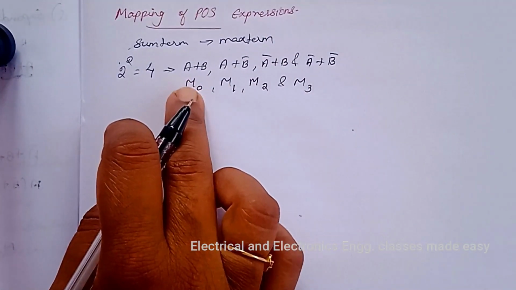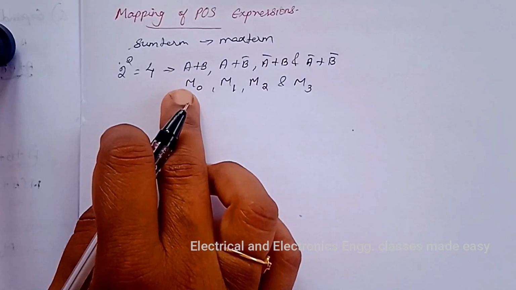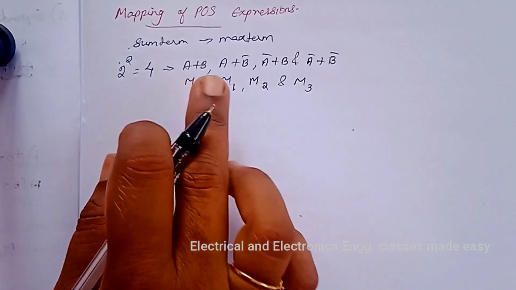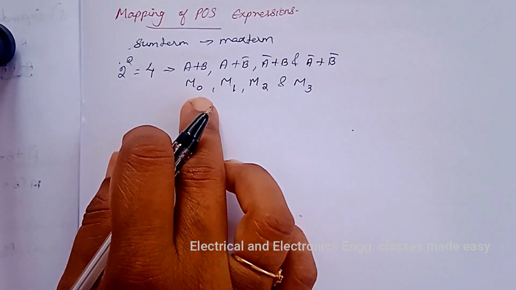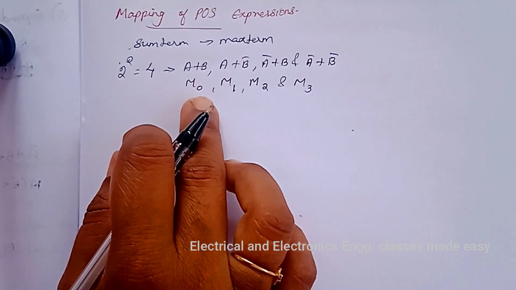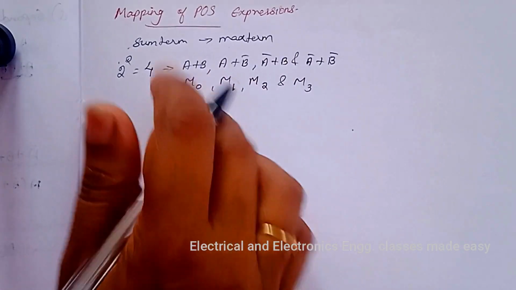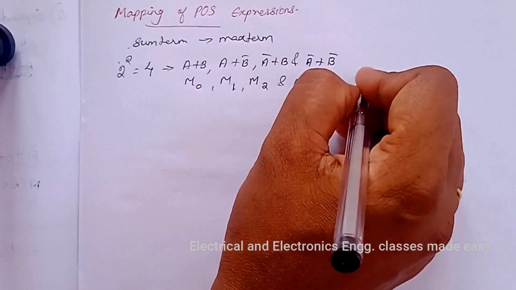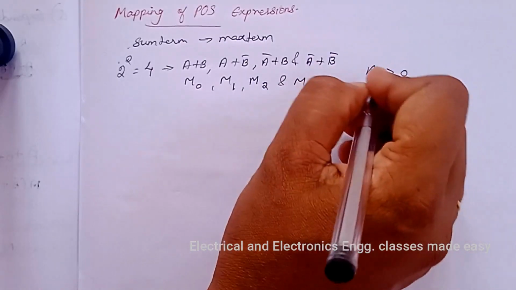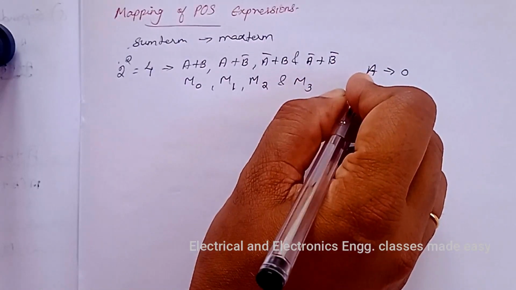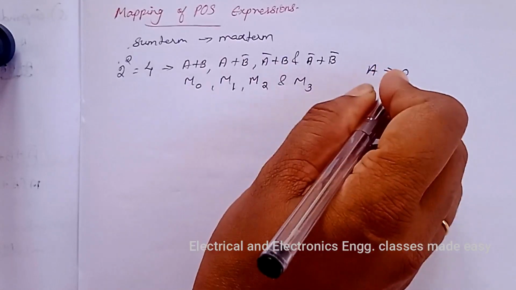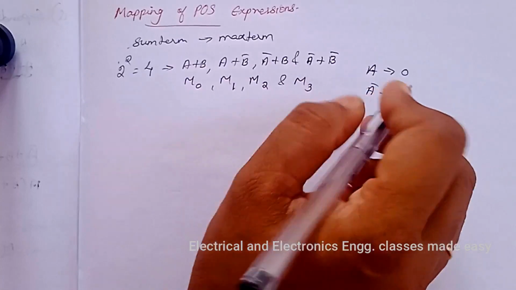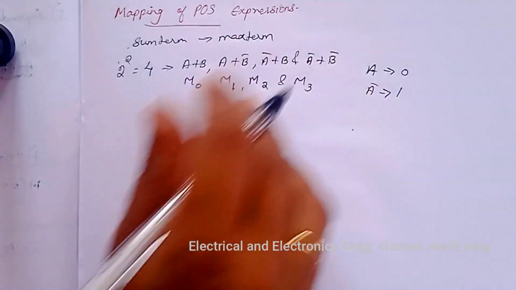Here the uppercase M stands for max term, and its subscript denotes the decimal designation of that max term, obtained by treating the non-complemented variable as a 0 and the complemented variable as a 1.